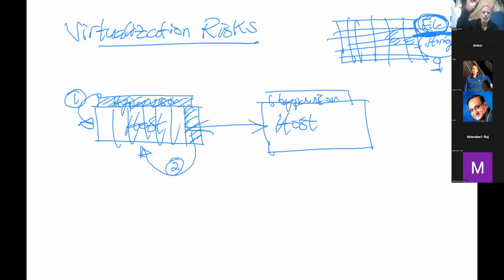Then you will be able to dump all the data in the physical memory of the host, which means all the data of the other tenants. The other option, given this relation: if the hypervisor is compromised, it can affect the other hypervisor or the VMs on the other hypervisor.